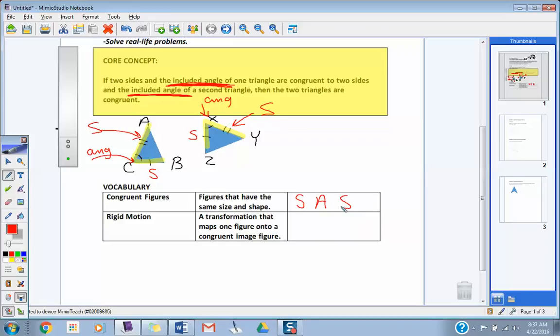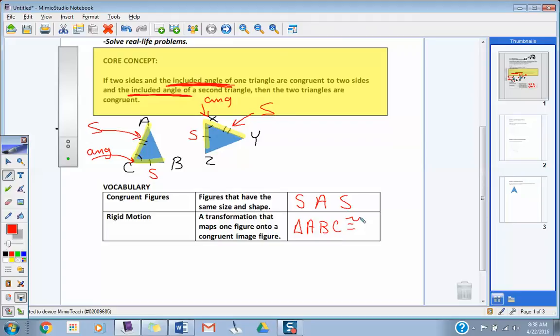Then, we already know what rigid motion is. It's a transformation that maps one figure onto another congruent figure. Take a look at this right up here, guys. If I write this up as triangle ABC, that first one, we know they're congruent by side, angle, side. Give me the order on the second one with how you name it. Where does A fall? Where does B fall? Where does C fall? By the way, I set that first one up.